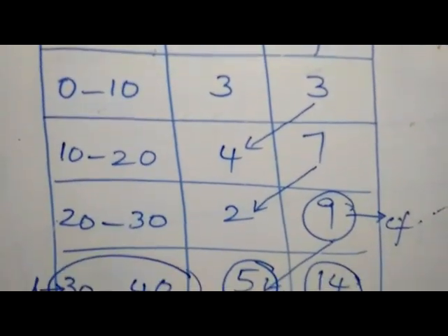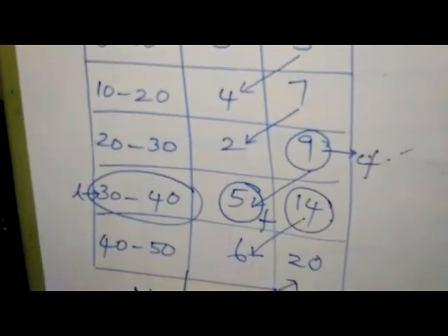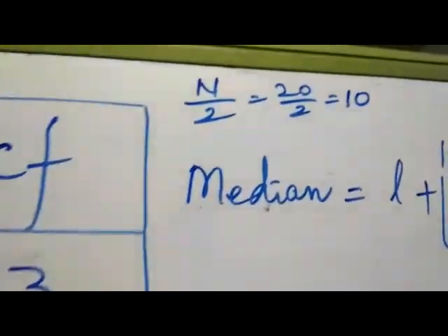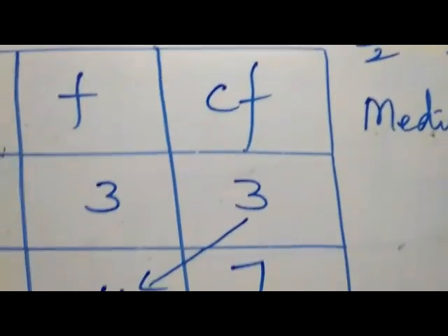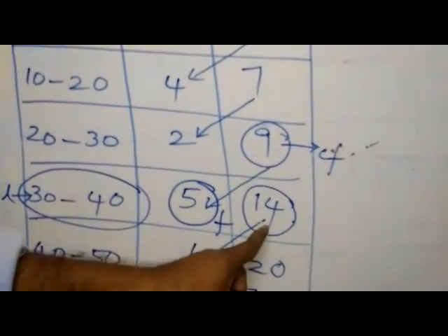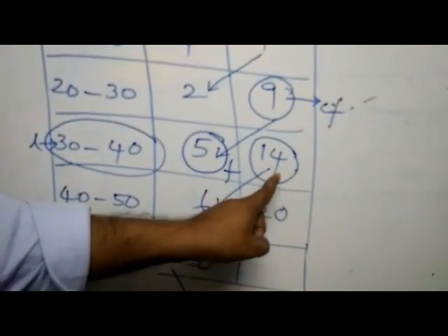Then you have to find the median class. How? Take the CF just greater than 10, the nearest greater than 10 in the CF table, that is 14.